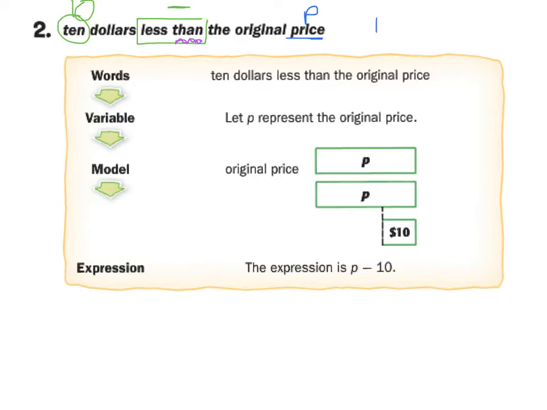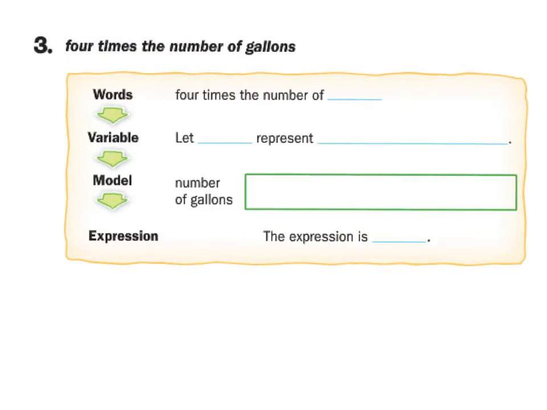Normally I would write it 10 minus P just straight across the top. However, I can't because I have that word than inside here. Than means it has to be reversed, so you write P minus 10. The P has to go first because it's the price, and then we're going to take away the $10 from the price. It's not that we're taking from the $10. We're taking the 10 out of the price.